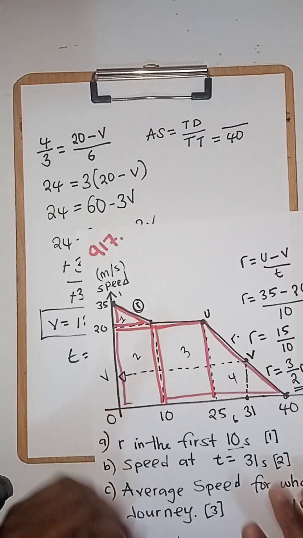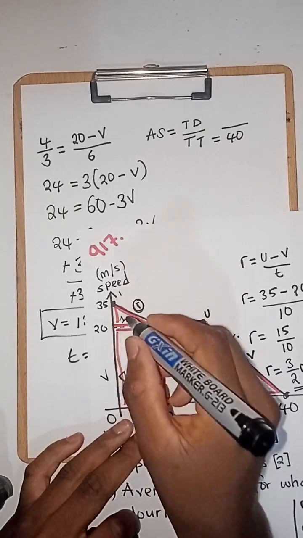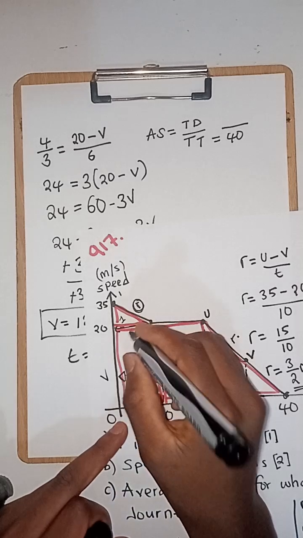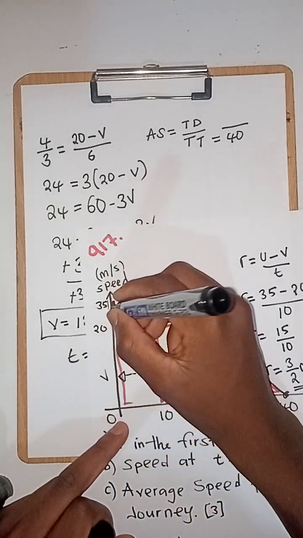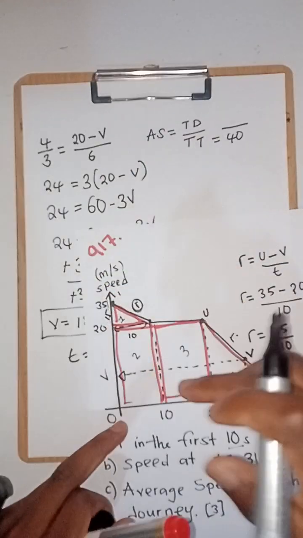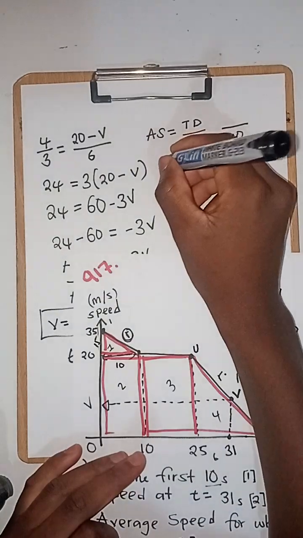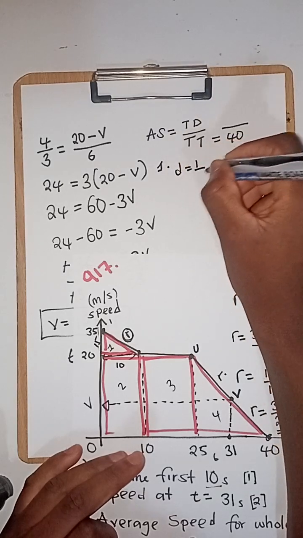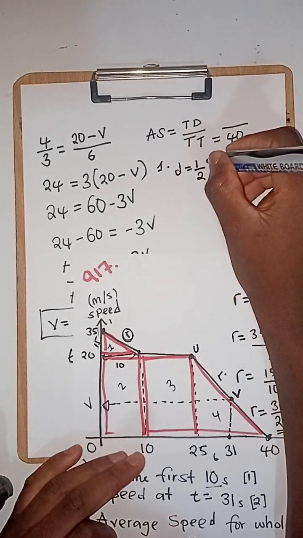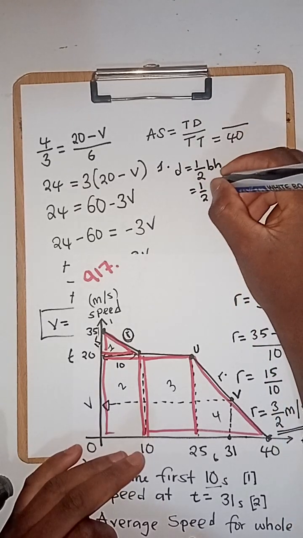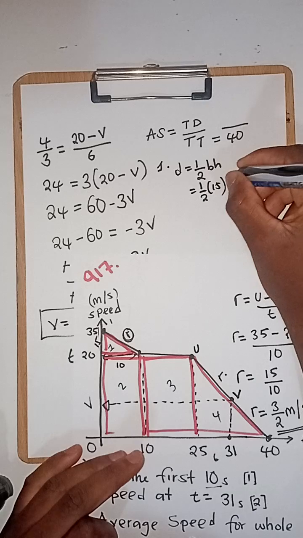All right. Now for the first one, this triangle we have here. This is our height for this triangle, which is right here as 10. And then the base is 35 minus 20, which is 15. So this is the first part. Number 1, we're going to say distance is equal to, for a right angle triangle, half BH. Half, the base is 15 and the height is 10.